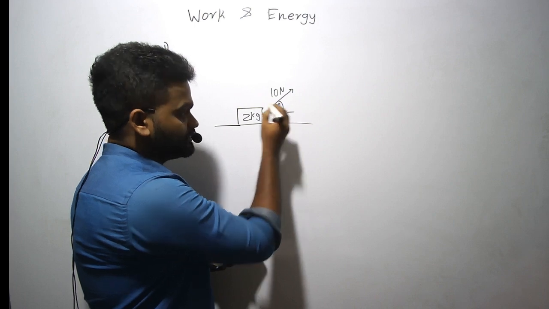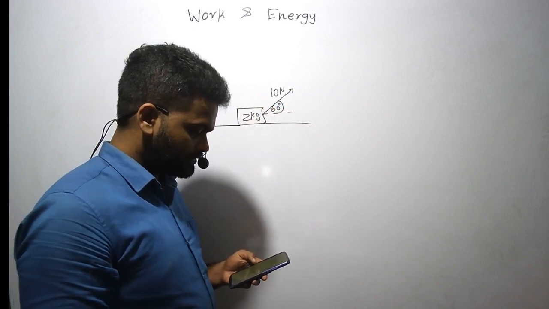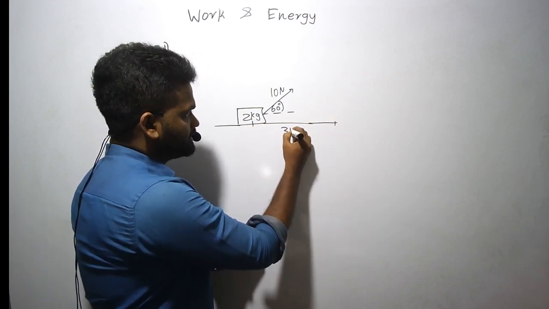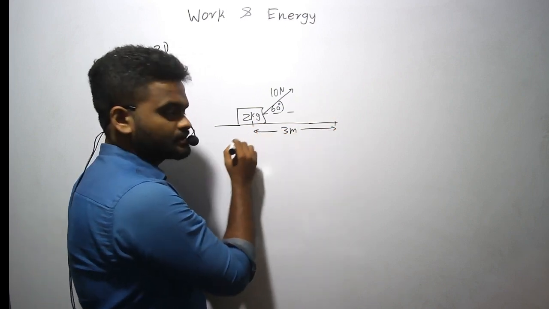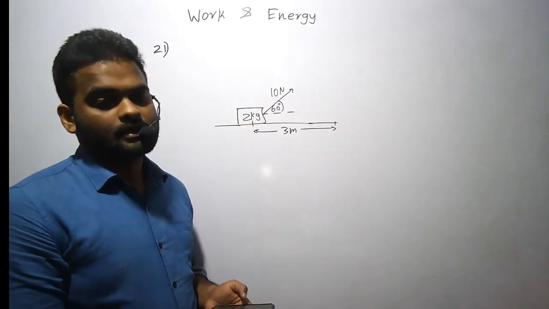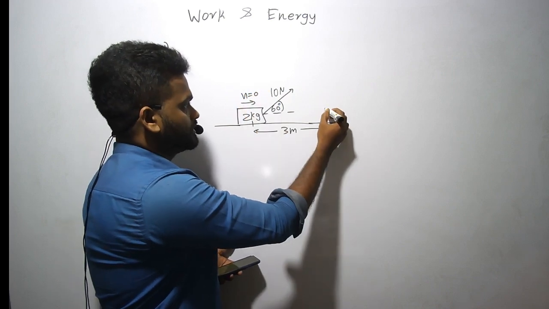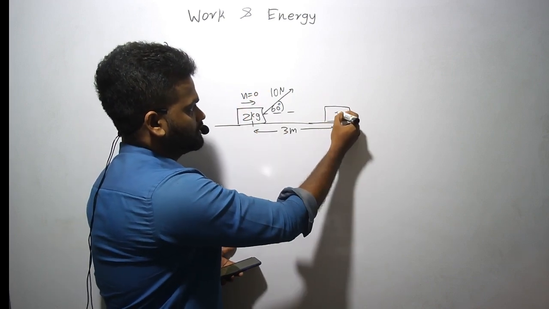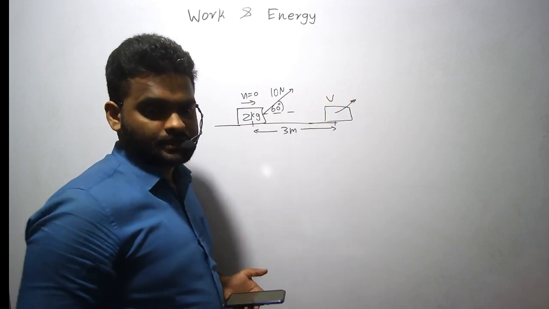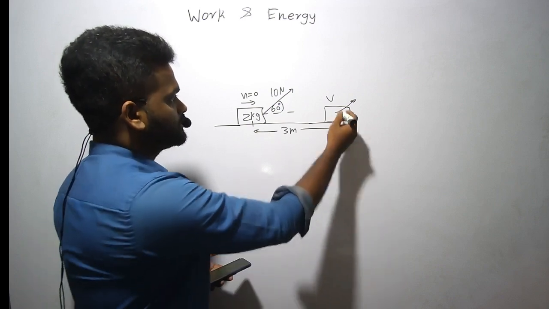Inclination is 60 degrees. They say it is moved 3 meters. Initially it is at rest. So what they ask is the final velocity. So how do we find that?